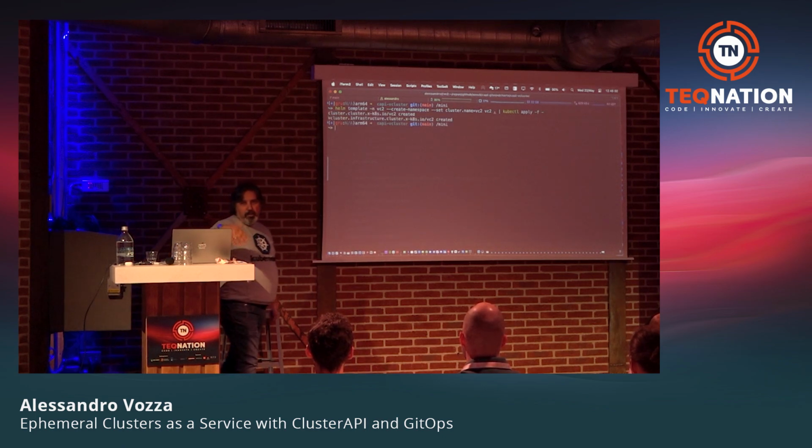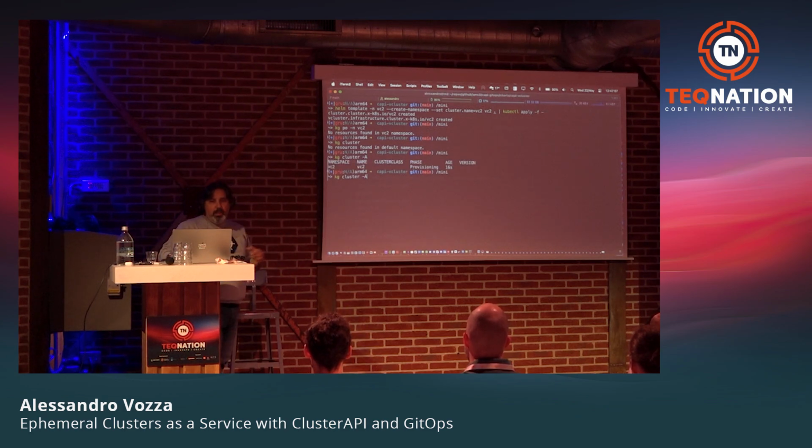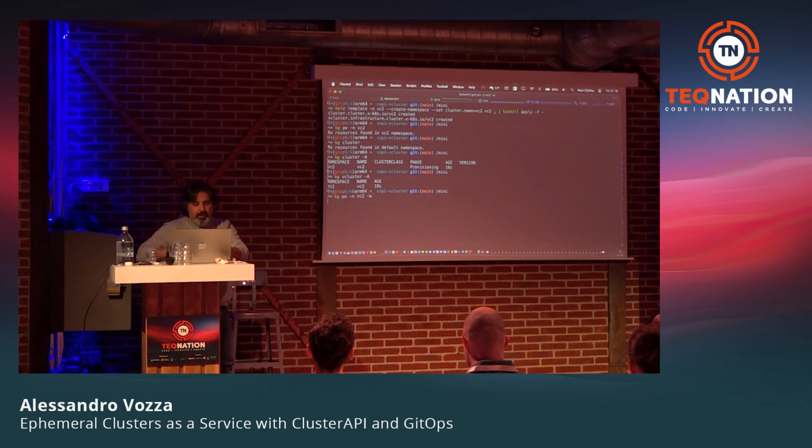This can be done, of course, by a pull request. But what I want to show you here, of course, I create an object called cluster, which is provisioning, and an object called vCluster, which is also provisioning. And then eventually, you should be able to see if everything is correct.